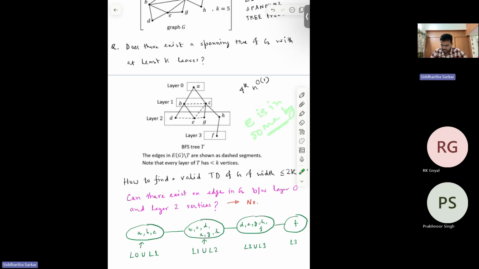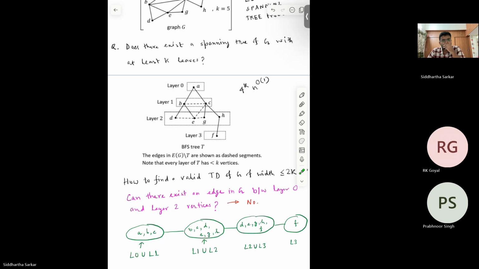The edges are between consecutive layers or within the same layer. There are no edges which jump from one layer to a non-consecutive layer. So for every edge, we have a bag.